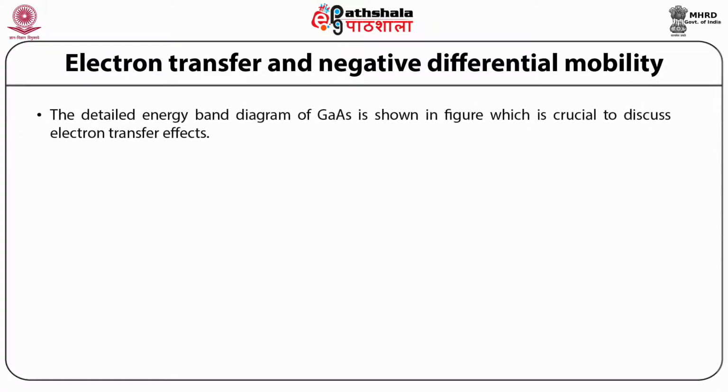Electron transfer and negative differential mobility. The detailed energy band diagram of gallium arsenide is shown in this figure, which is crucial to discuss the electron transfer effects. So students, as evident from this figure, the top of the valence band and the bottom of the conduction band both occur at k equal to 0, indicating that gallium arsenide is a direct band gap semiconductor.